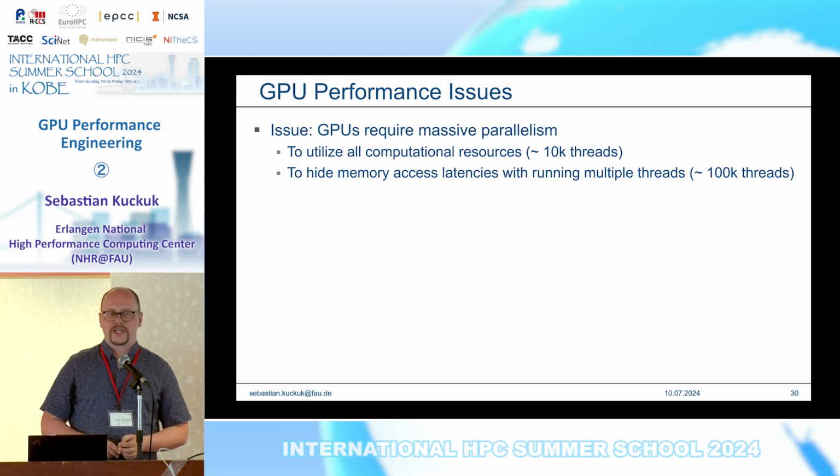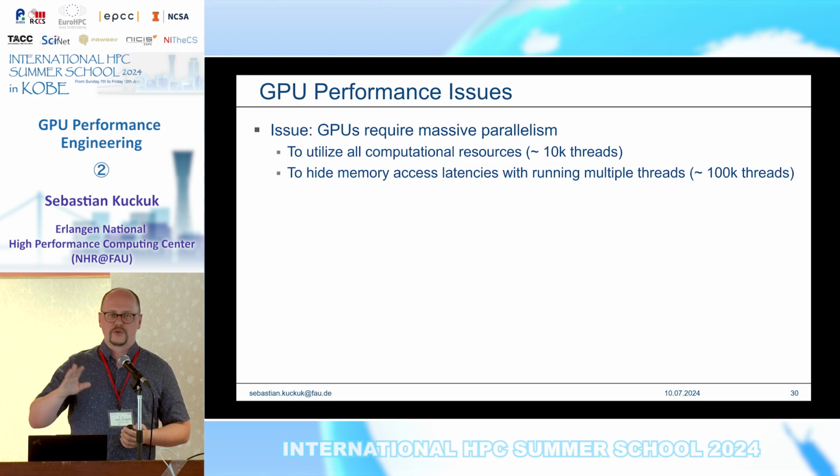To saturate the memory bandwidth, you usually need in the order of 100,000 threads, because the latency for a single memory access is super high on GPUs compared to CPUs. And by latency, I mean the time a thread has to spend waiting from saying I need that data until the data is given to the thread, in a sense.